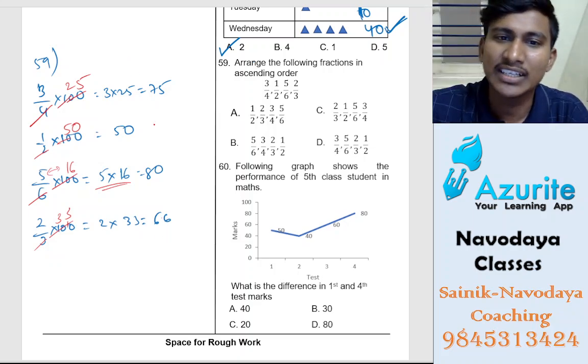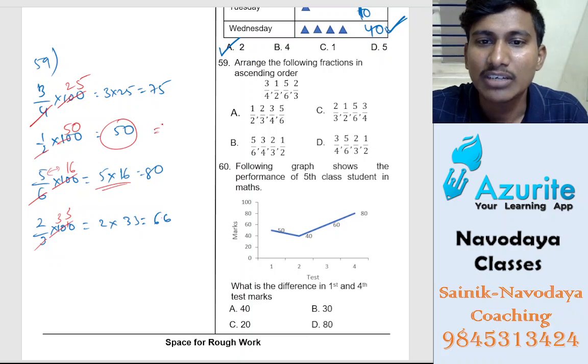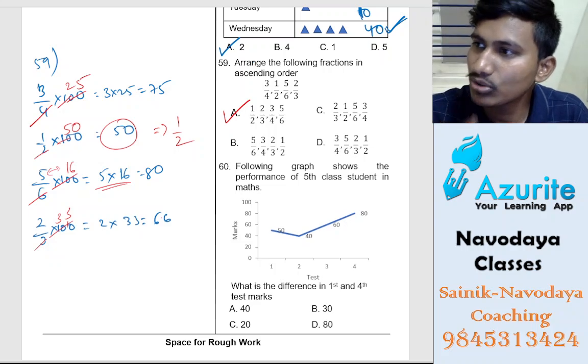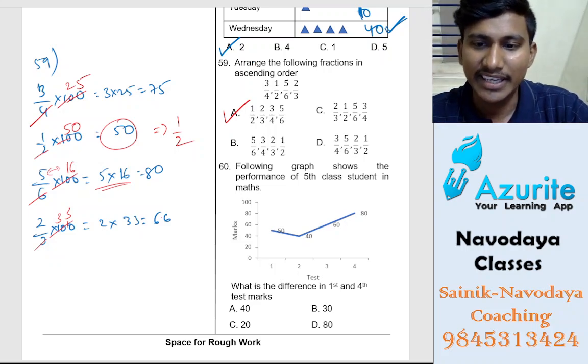Which is the smallest? 50, that means 1 by 2 comes first. Option A has 1 by 2, so the answer is option A.